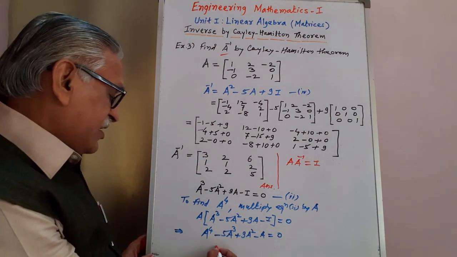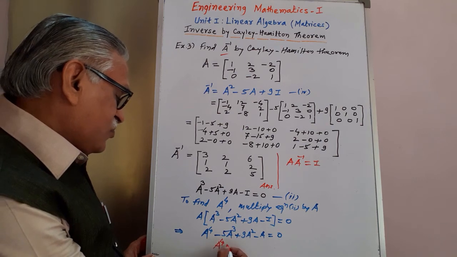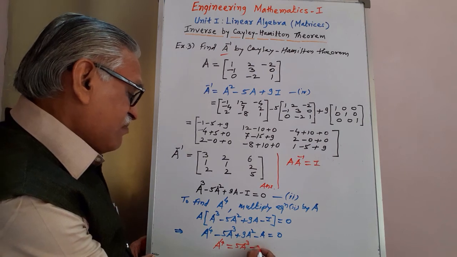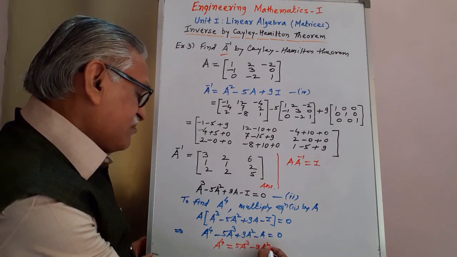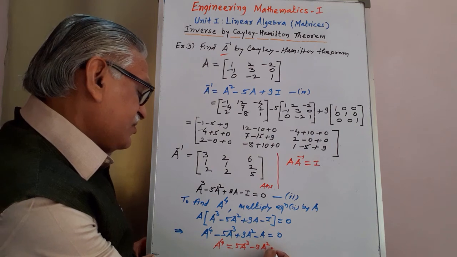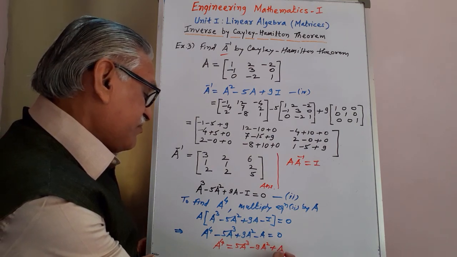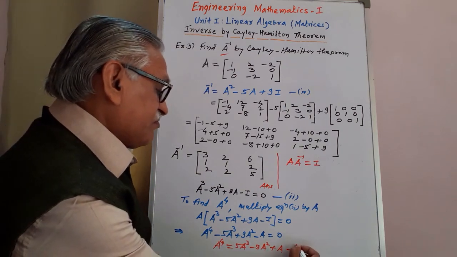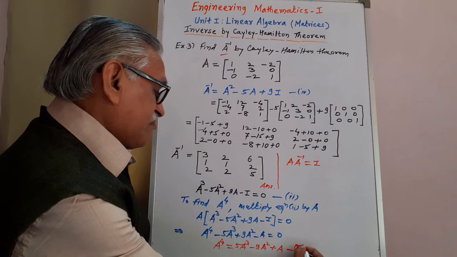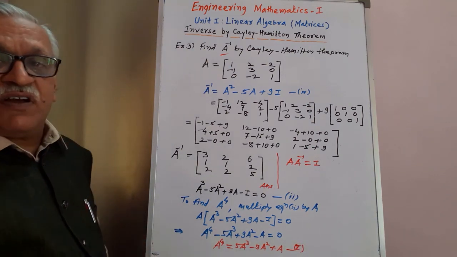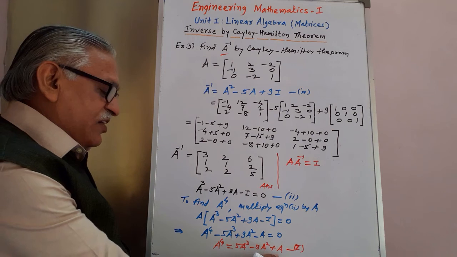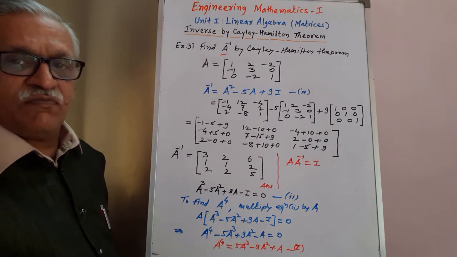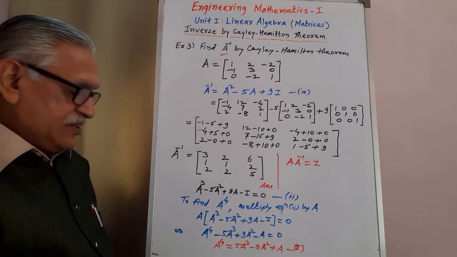Taking all terms to the other side, we get the matrix for A raised to 4 as 5A cube minus 9A square plus A. We call this equation number 5. Using equation number 5, we can obtain the matrix of A raised to 4 by using the Cayley-Hamilton theorem.